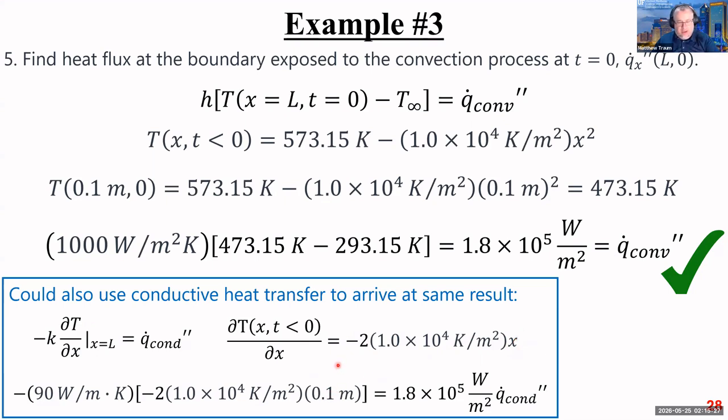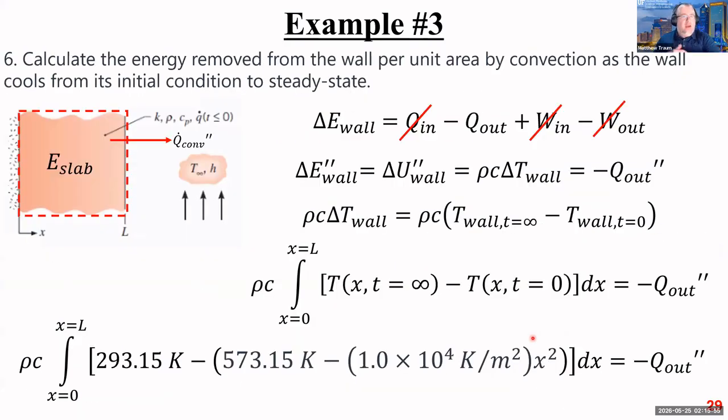Again, 0.1 is the location right at the edge of the wall, between where the wall ends and the convective gas is flowing. And I do the math and I get 1.8 times 10 to the fifth watts per meter squared. This should be an equal sign right there. But they are equivalent to each other, as you would expect. So that's good.